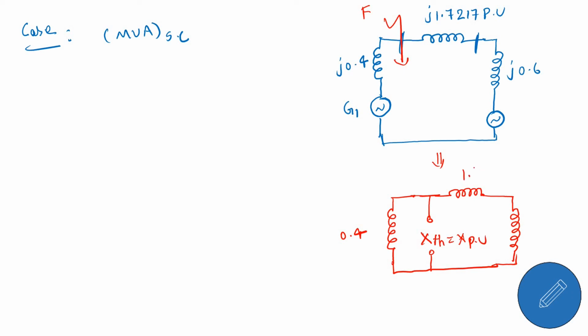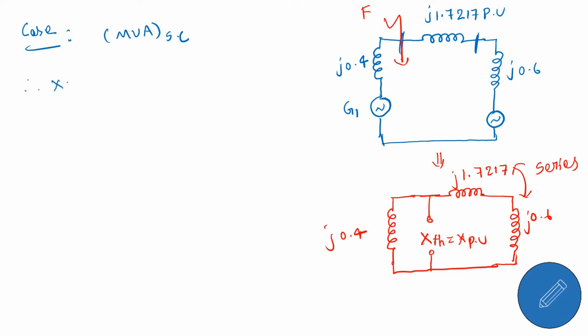If you look at 1.7217 and 0.6, these two will be in series. This series combination will be parallel to this.